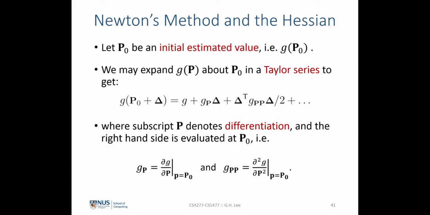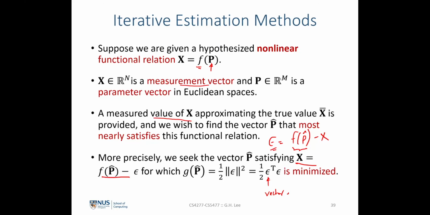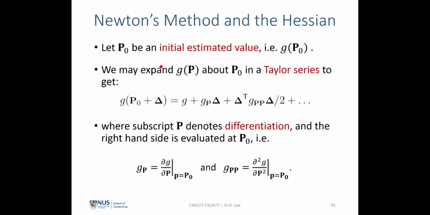Suppose that we let P0 be the initial estimated value. Recall that earlier in this slide, we denoted P as our parameter vector that we wish to optimize over.